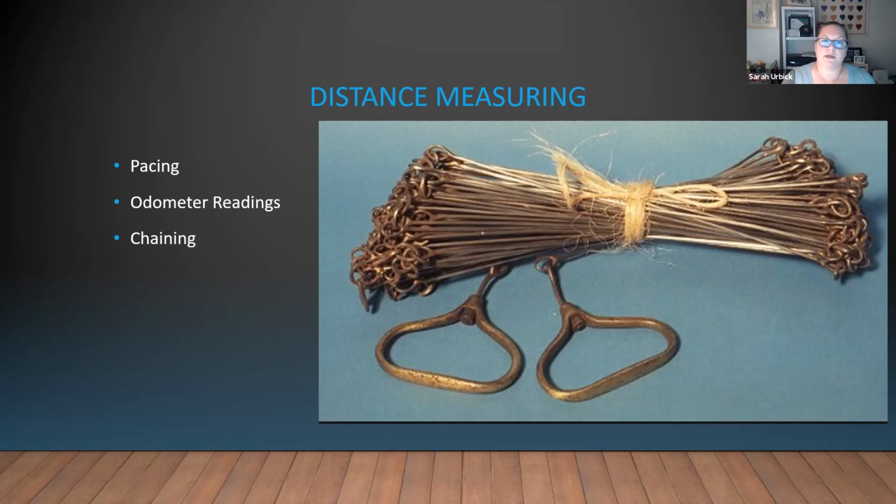That's where the US measurement of acres came from, based on a chain. 660 feet by 660 feet gives us 1 acre. Basically this is an obsolete method. Nobody really uses this anymore. If you see one, it's cool, it's old school, but you're probably not going to be asked to do anything with chaining.